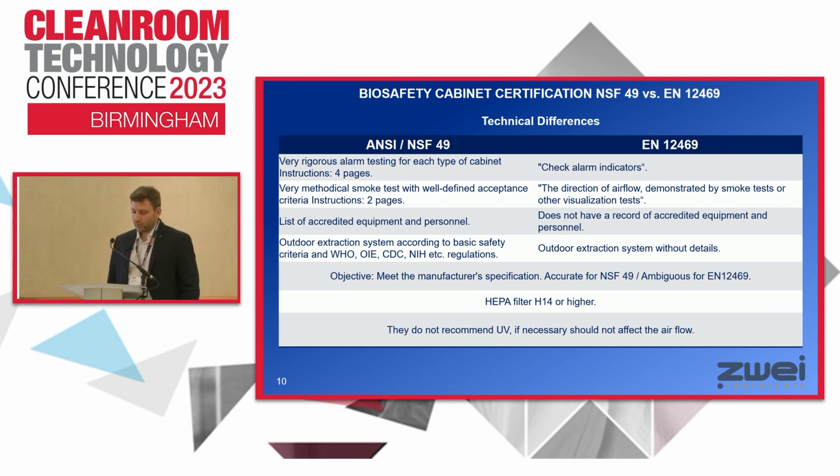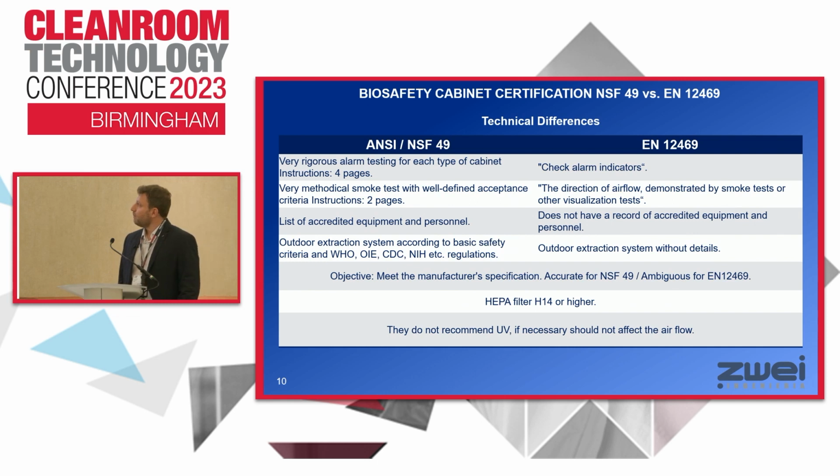NSF is very rigorous on the alarm testing. It has 4 pages of testing instructions, and the checklist is different between A2, B1, B2, and C1 types of biosafety cabinets, while EN only says to check alarm indicators.